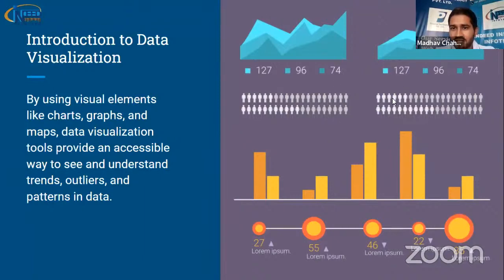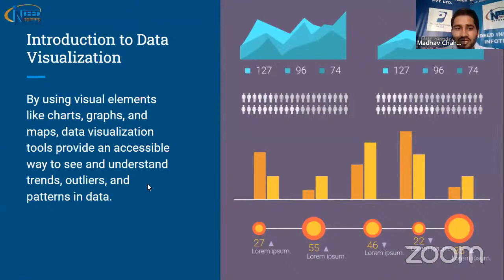As you can see in these images, there are a few maps, histograms, and bar graphs. This kind of data visualization element we use to get the information depicted, to get an understanding out of that information and data, and to draw some outcomes out of that.